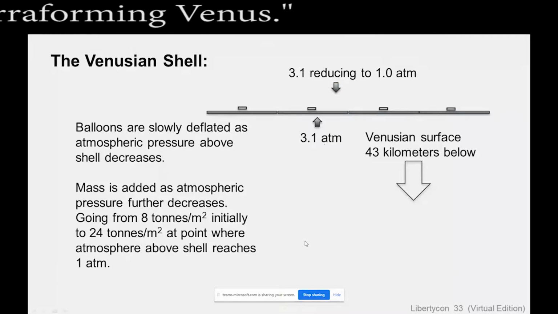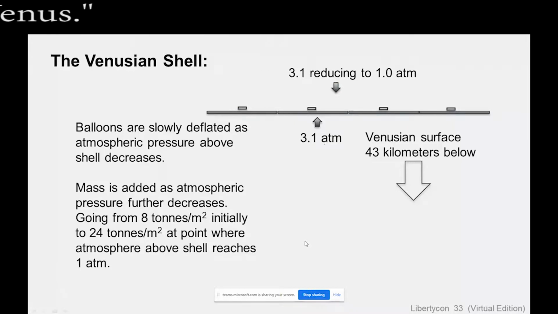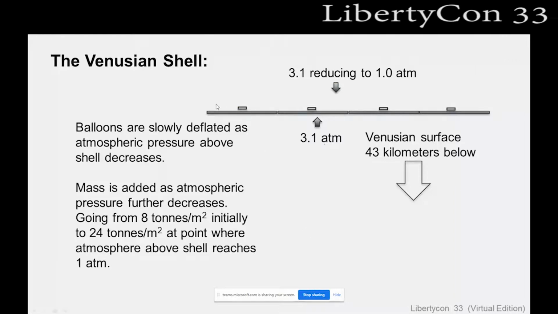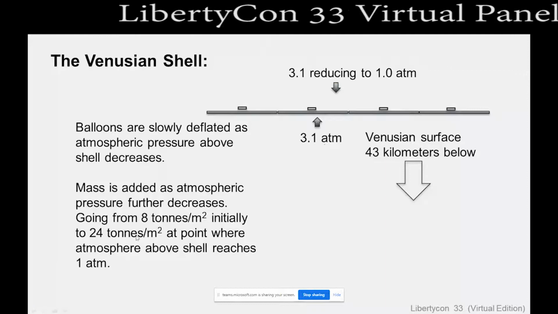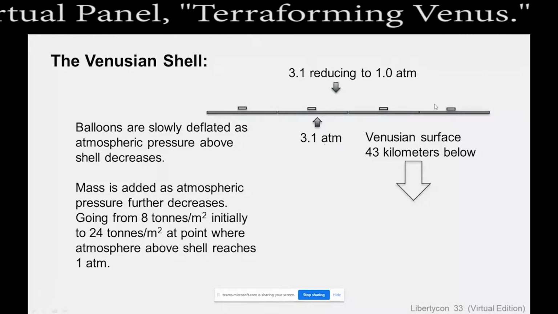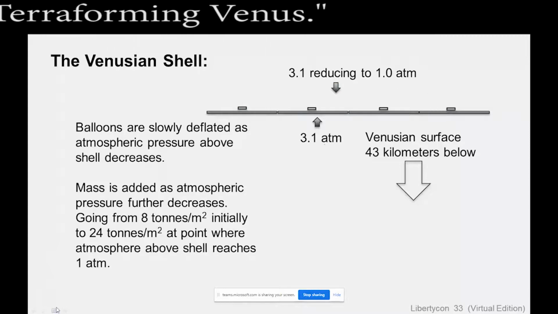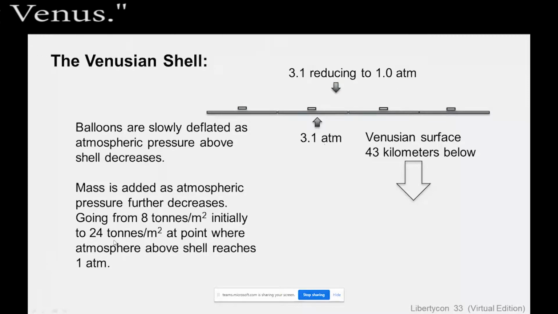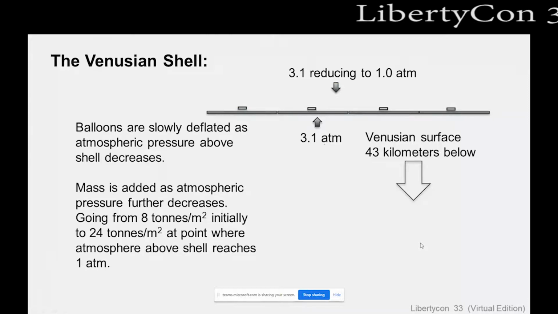At that point, in order to maintain an allowable stress in the shell, we have to start adding mass to the top of the shell. So we start off with 8 tons per square meter, and once we reach 1 atmosphere of pressure, we're at about 24 tons per square meter of material on the shell.